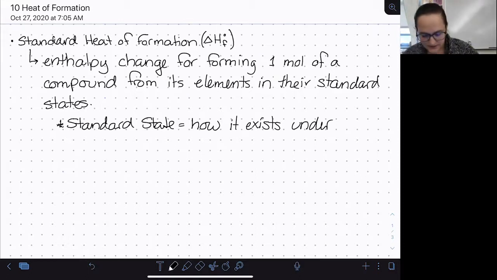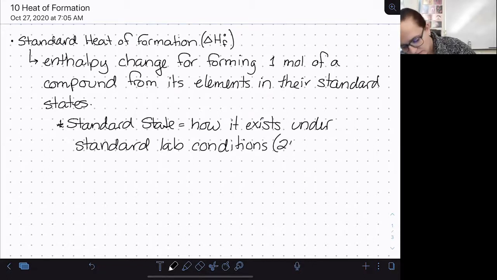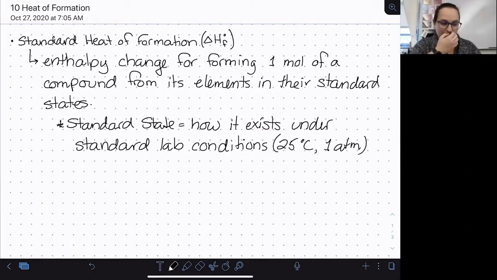So we refer to these conditions as standard laboratory conditions. And again, that's room temperature and 1 atmosphere of pressure.